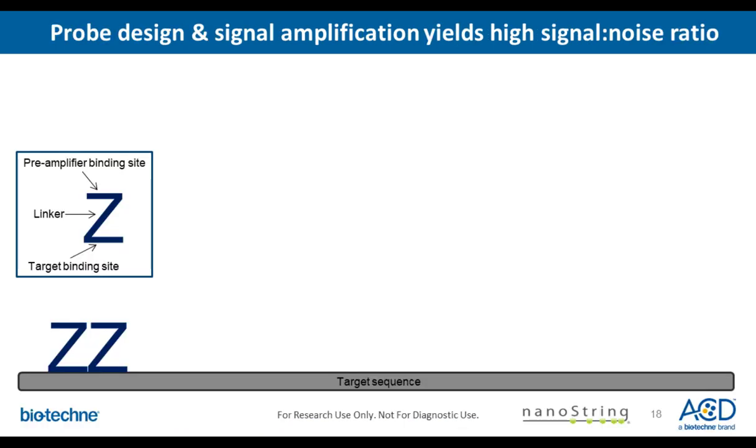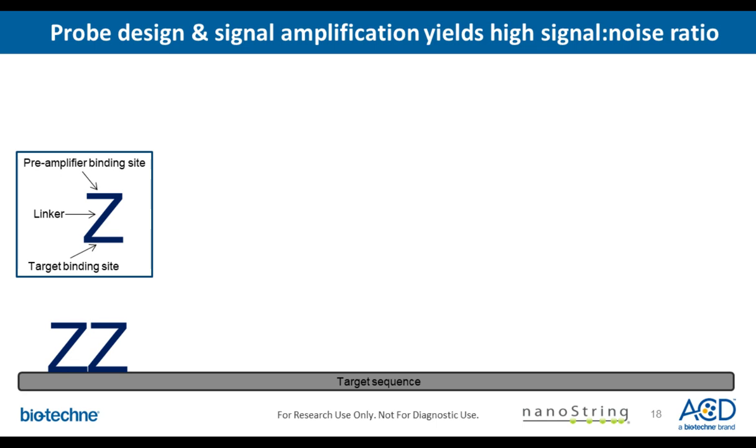Now, let's go into a little bit more detail to understand what makes RNAscope a unique in situ hybridization technique. The two major key aspects of this technology are the probe design and the signal amplification strategy. What's shown on the screen is our probe depicted as a Z to really tell you the different parts of this probe.